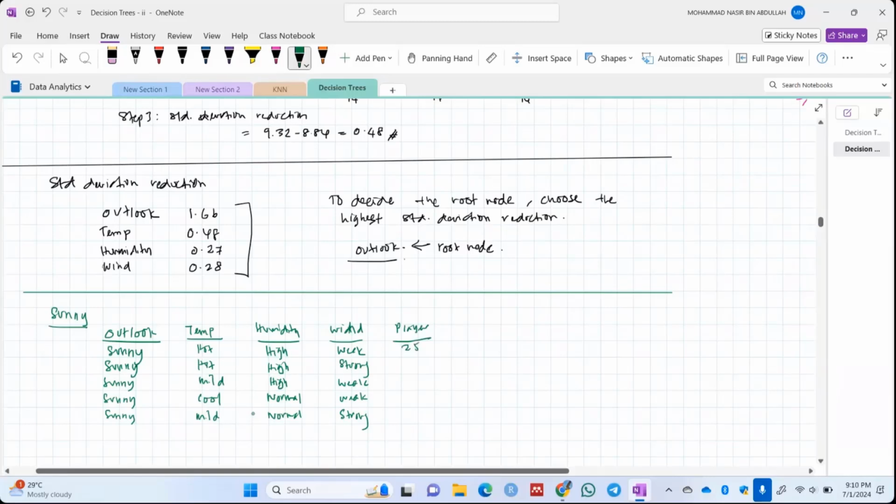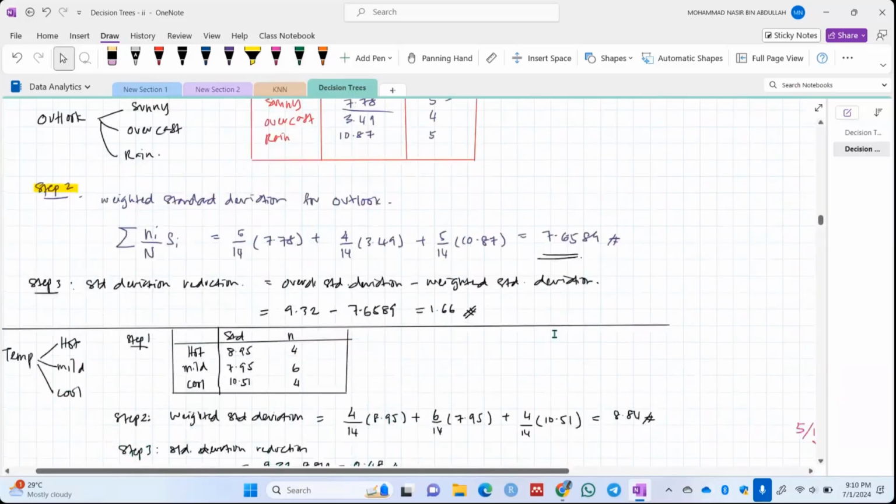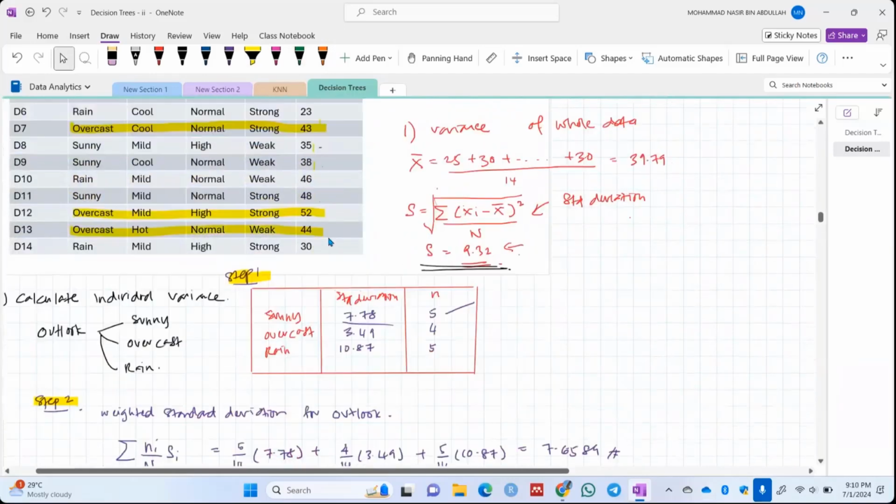The first is 25, 30, 35, 38, and 48. So this is the data set for Sunny, outlook equal to Sunny. You can sort it from the original data.